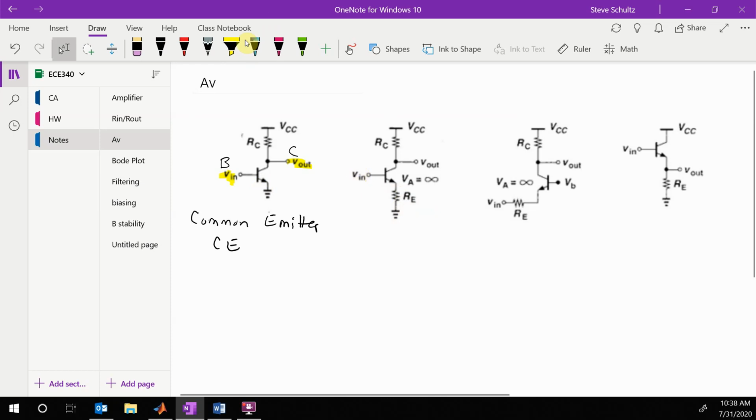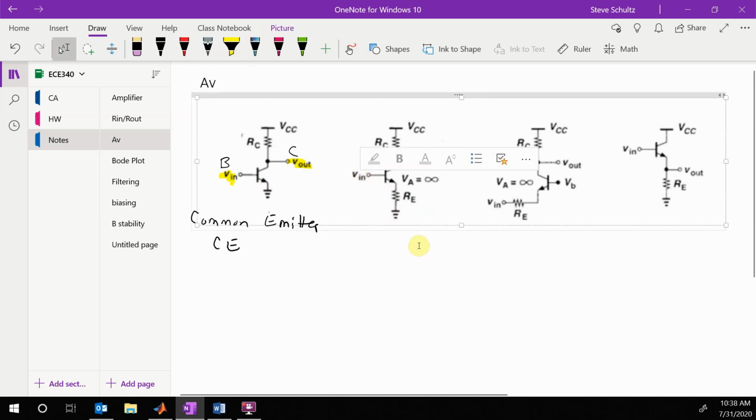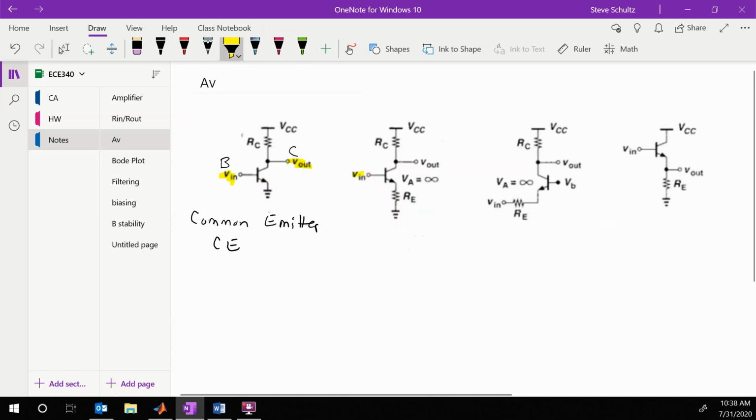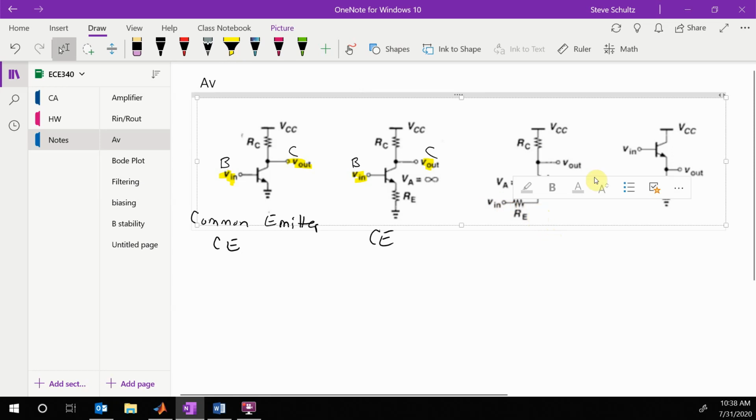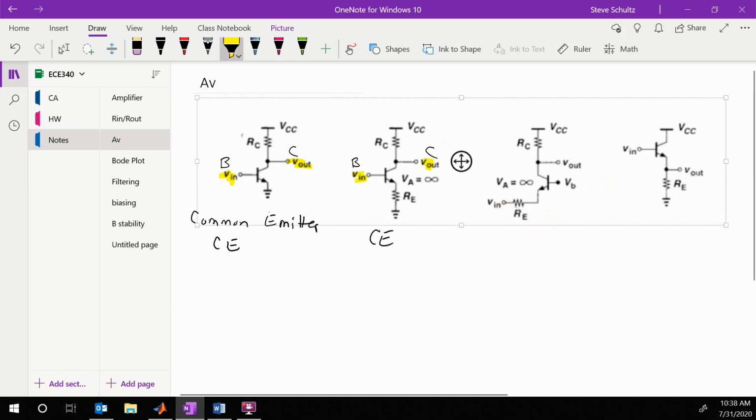Let's look at this next one. So this next one has a connection to the base and a connection to the collector. So this one is also a common emitter. Now this one has an input connected to the emitter and an output connected to the collector.